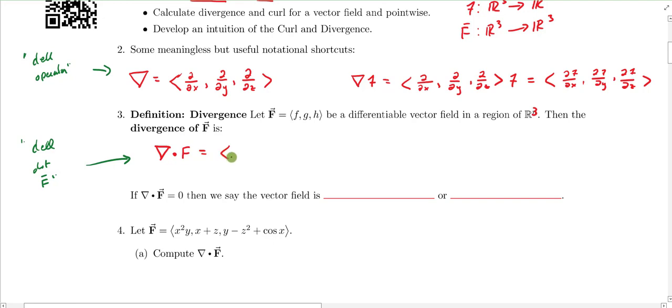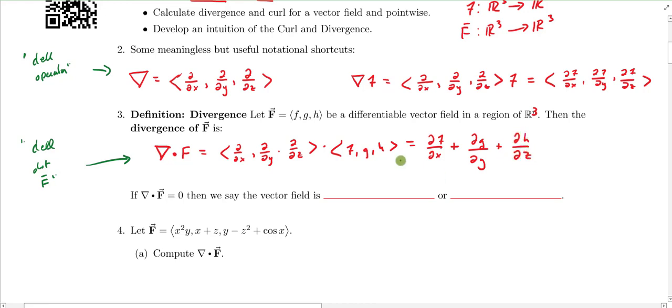To do that, we're going to take the del operator, partial x, comma partial y, comma partial z, and we're going to dot it with this vector field, which has these component functions f, g, and h. If we actually perform this dot product, we get our expression for divergence: partial f, partial x, plus partial g, partial y, plus partial h, partial z, doing the ordinary dot product that we've always done.